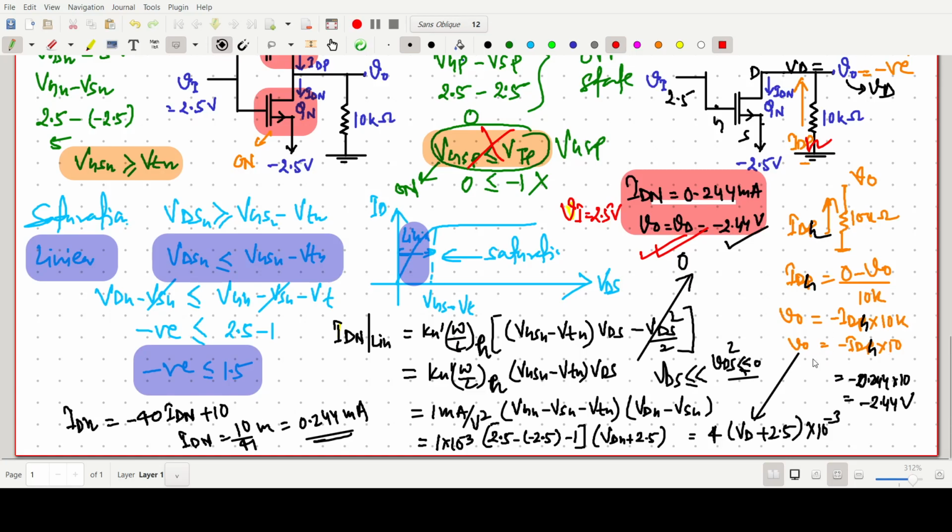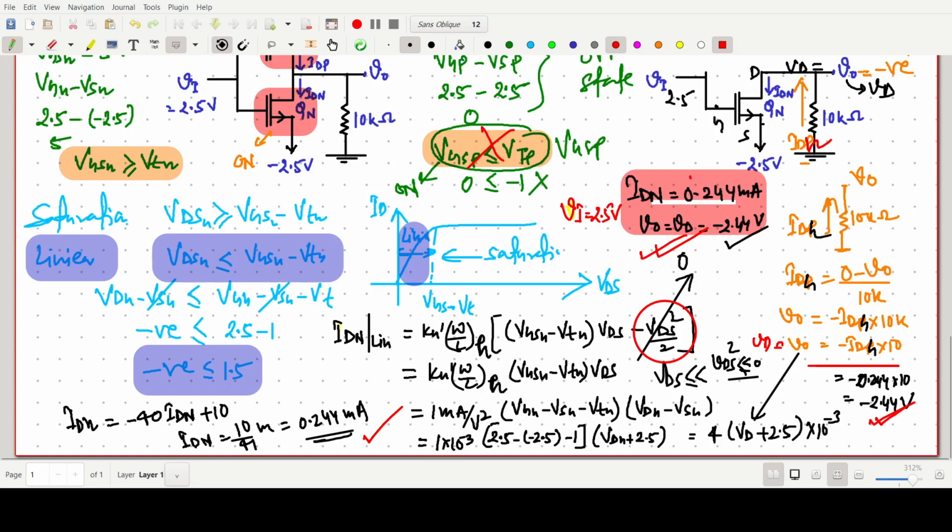From here we have to write this V naught and write the linear equation. Or for simplification, we neglect this term to 0, and then after putting this V naught, that is simply our VD, in this equation, 41 IDn equals 10. If we solve, it will give 0.244, and then we can find the VD value 2.4.